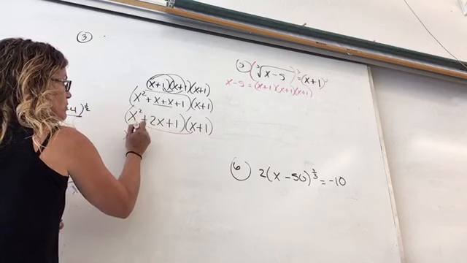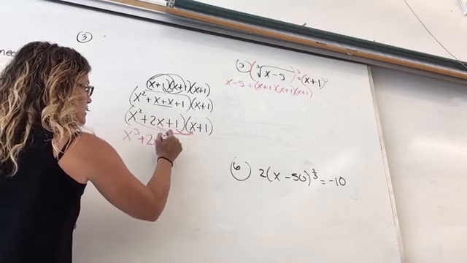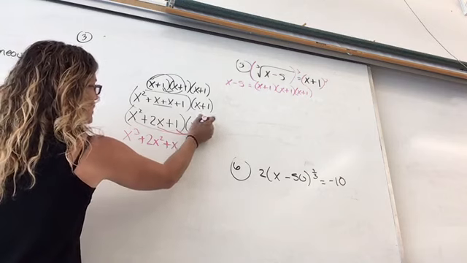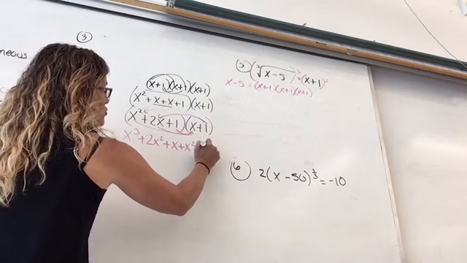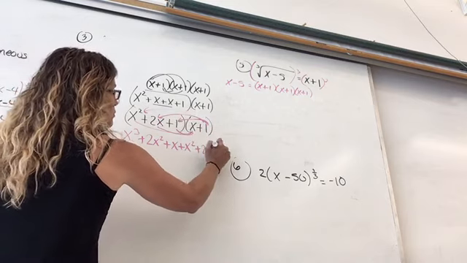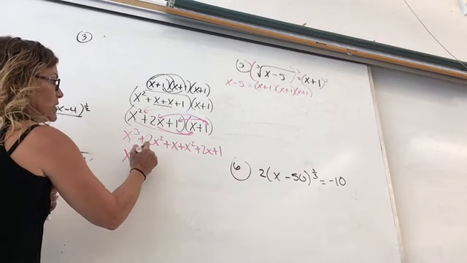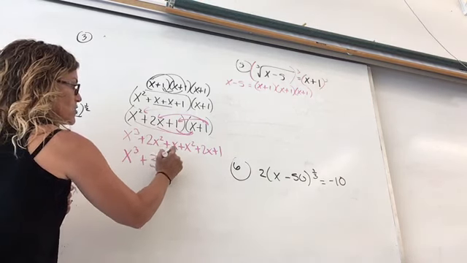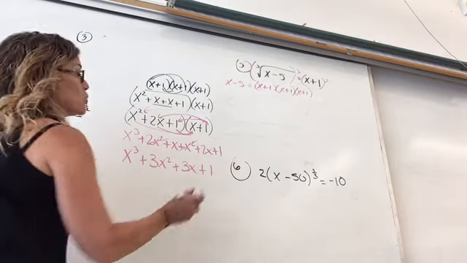So there's x cubed plus 2x squared plus x. And now I'm going to multiply everything by the 1: x squared plus 2x plus 1. And I'm going to simplify combining like terms. So I get x cubed plus 3x squared plus 3x plus 1.